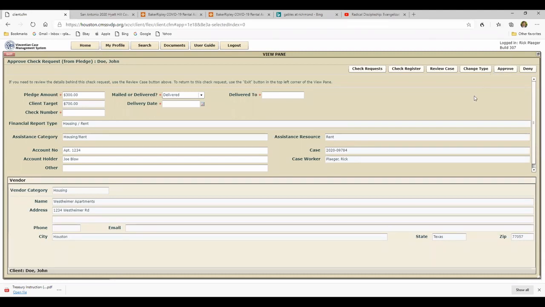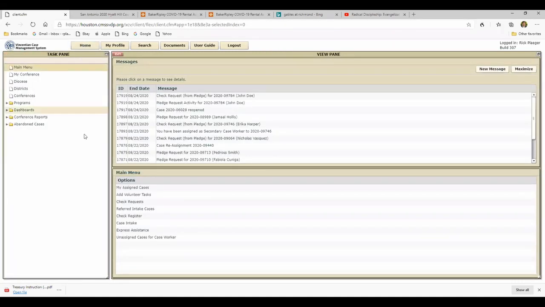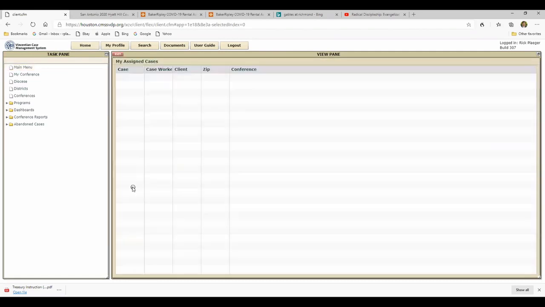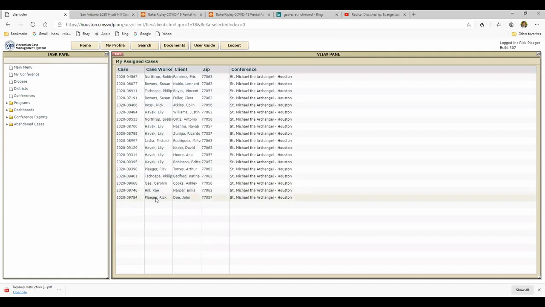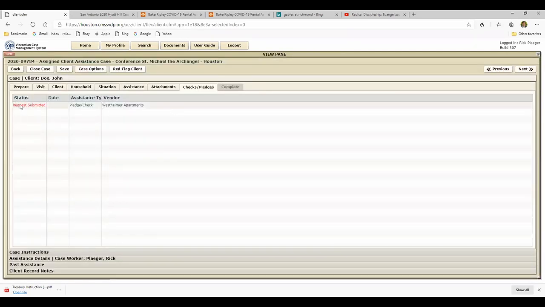And this actually then will deduct the amount from our check register. And when you go back to your case, you will see that it's been paid. I'm not doing it now because it really will go to our check register, and I'm not looking to do that. But when you go back to your case at some point, it will say paid.